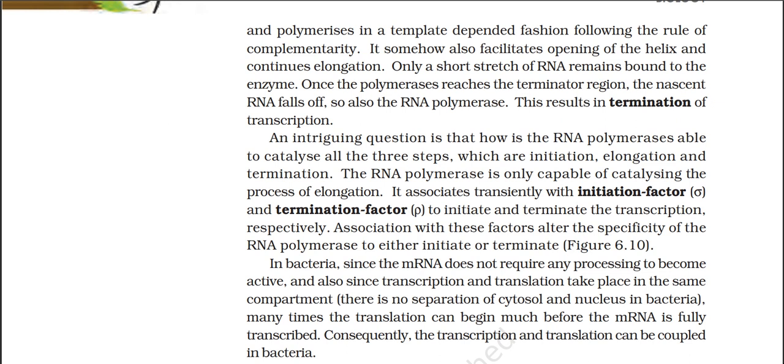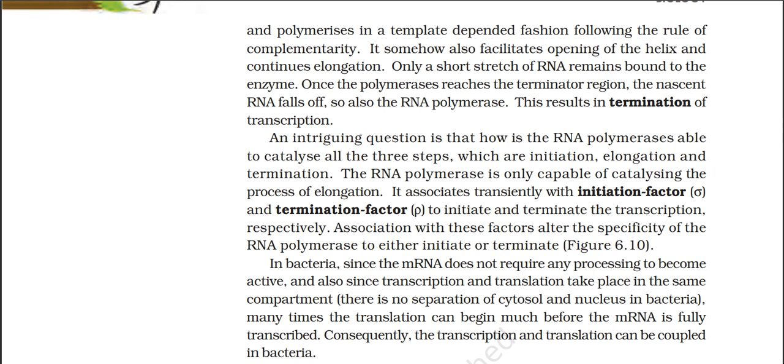It somehow also facilitates opening of the helix and continues elongation. Only a short stretch of RNA remains bound to the enzyme. Once the polymerase reaches the terminator region, the nascent RNA falls off, and so does the RNA polymerase. This results in termination of transcription.